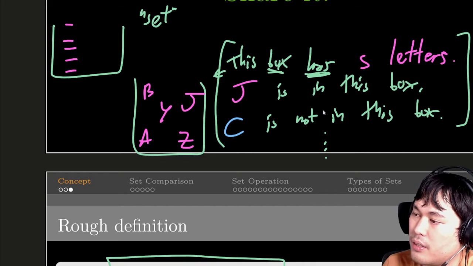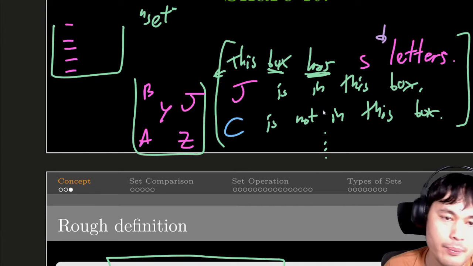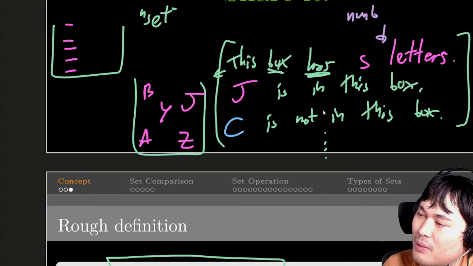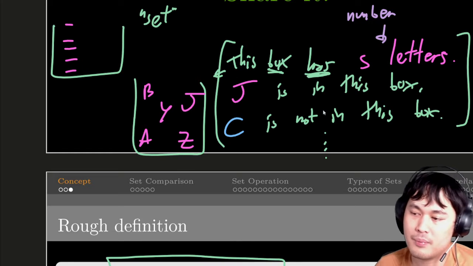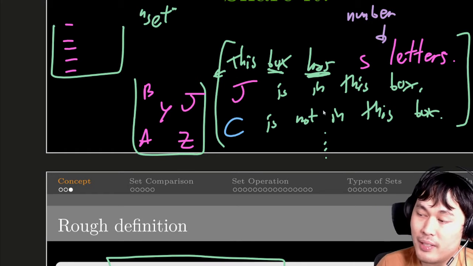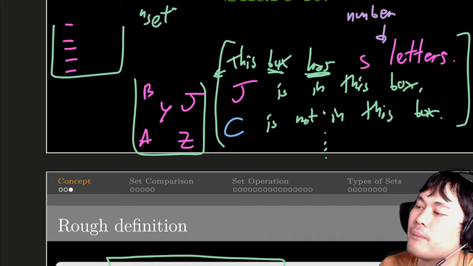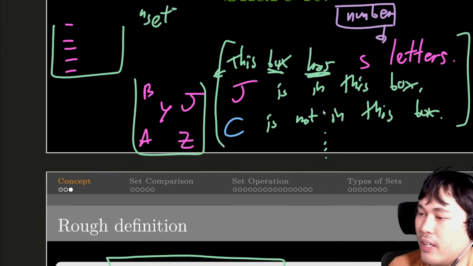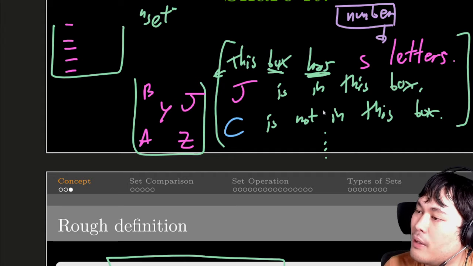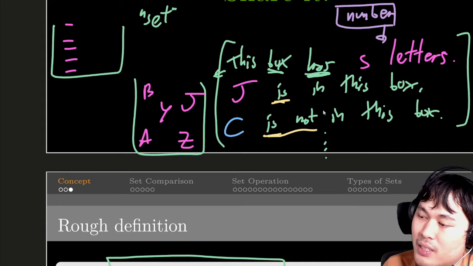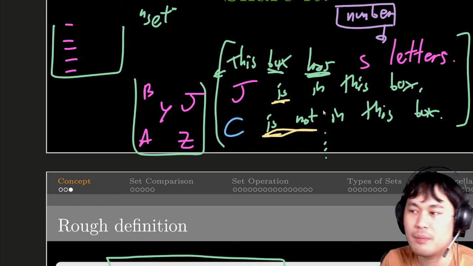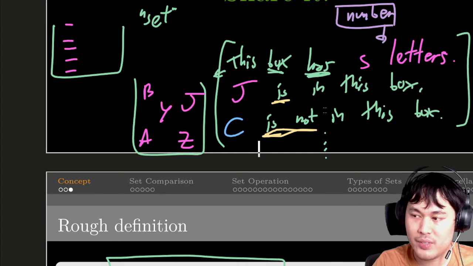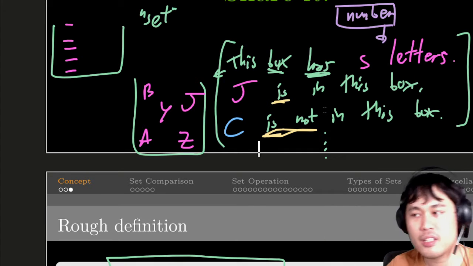And then we have the concept about number. This box has 5 letters, this box has 10 letters, this box has no letters, for instance. We can count how many things are in this box. And lastly, we can talk about things that are inside or not inside the box, in this case, whether a thing is inside the set or not.